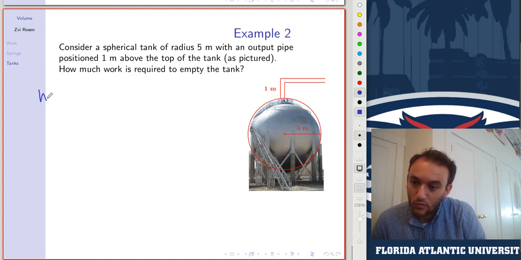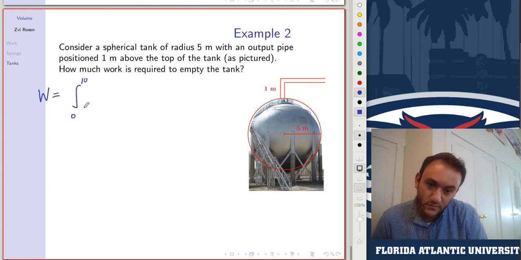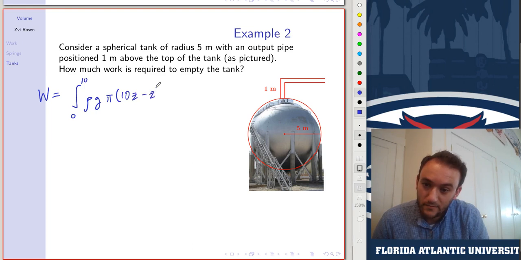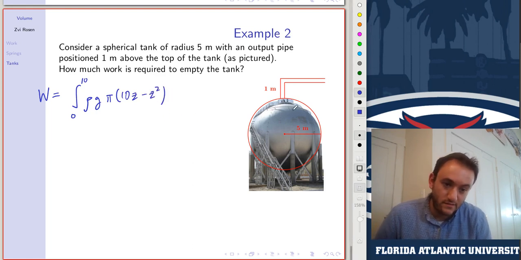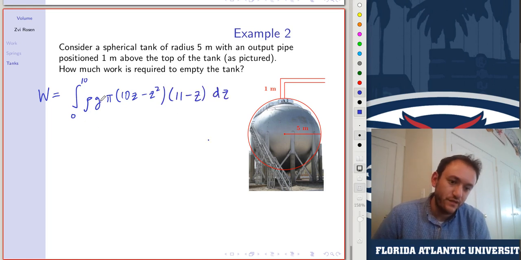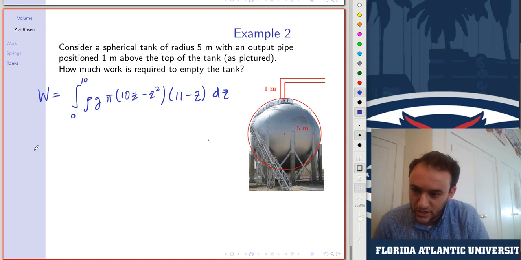So the work is equal to the integral from 0 to 10 meters of rho g, constants that we'll fill in later, times the area of a slice, which we just saw is pi times 10z minus z squared, times h top minus the z coordinate, so that's 11 minus z, dz. You should make sure that all of the units line up, because we've been working in meters this whole time, so we're in fine shape.